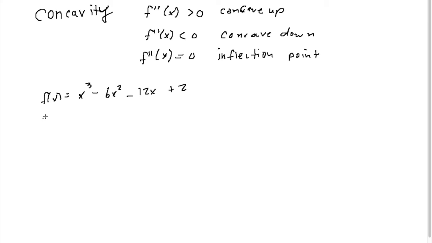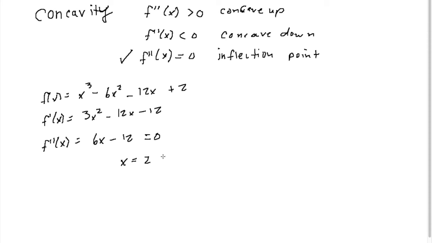So let's start by finding the second derivative of this function by first finding the first derivative, then taking the derivative one more time, and we'll start by trying to identify any inflection points. So we'll take the second derivative and set it equal to 0. At this point, we'll add 12 and divide by 2, so we have x equals 2.